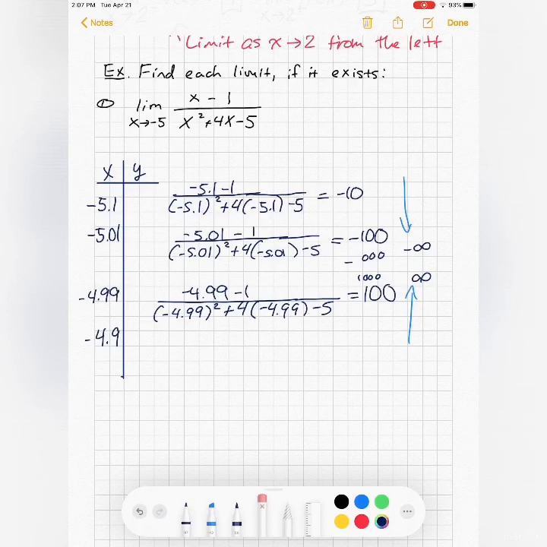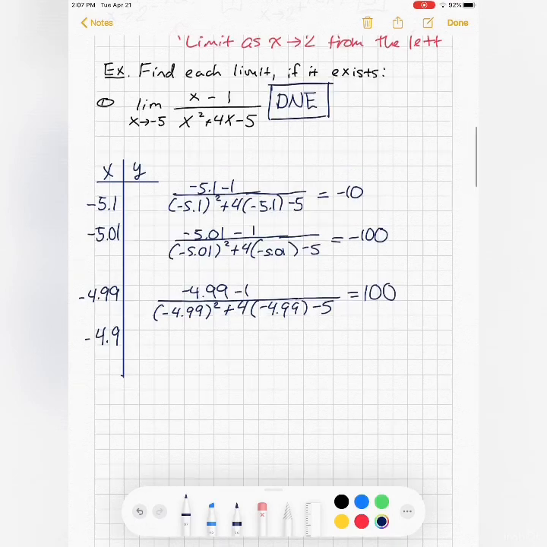Okay, so because the y values here are not approaching a specific number, but are rather shooting to infinity, I would say this limit does not exist.